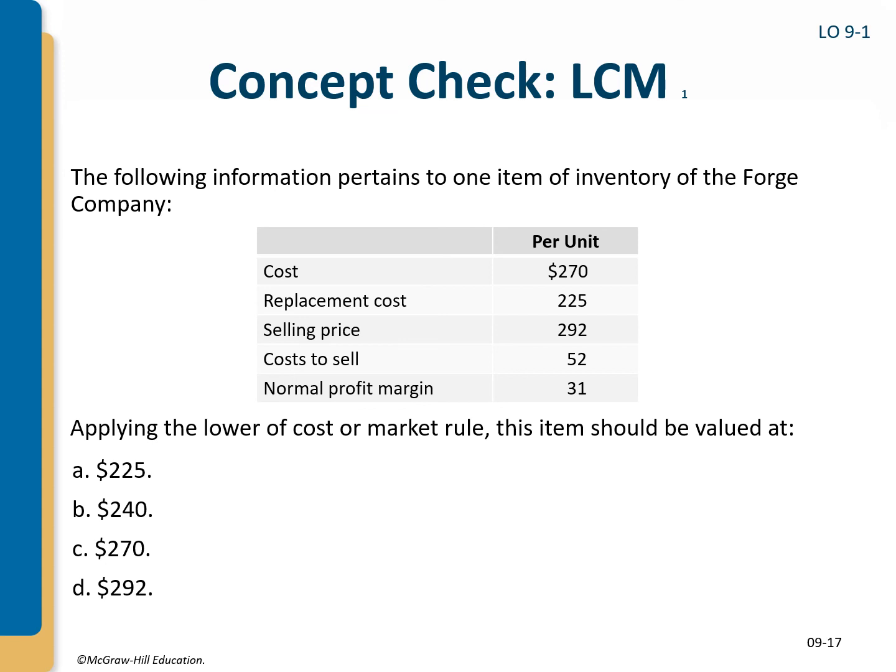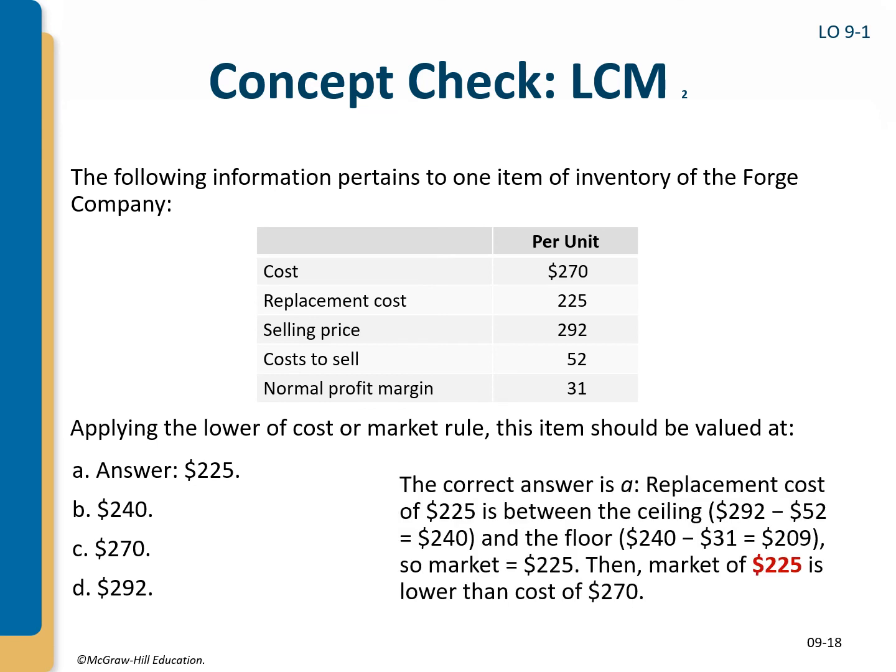Your replacement cost falls between, 225. So that means your replacement cost is the market. Compare 225 to the cost, the lower of those two is what is your value, 225. And there's your calculation again.